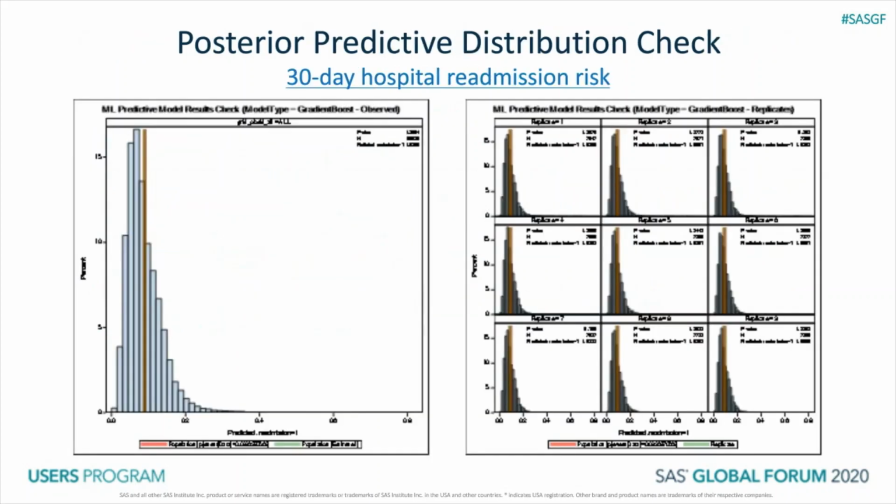So the first set of plots, like I mentioned, and as you can see, this is a summary plot that checks the posterior distribution of the model predictions. Here we have used a gradient boosting model to generate a histogram based on the training sample and also based on the replicate samples generated from the observed data.